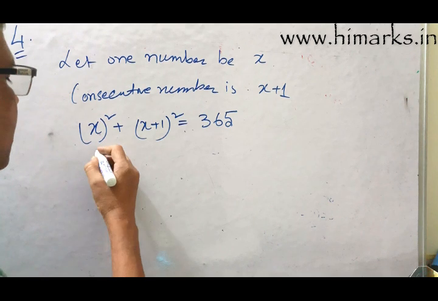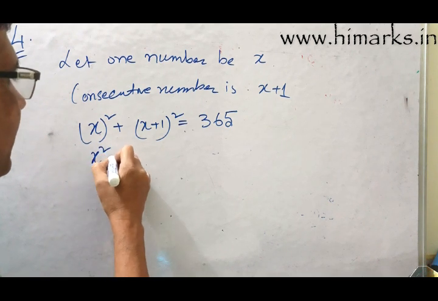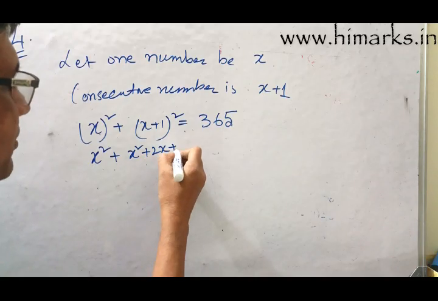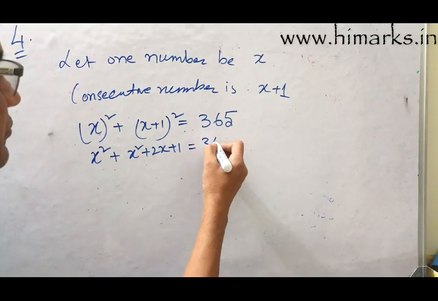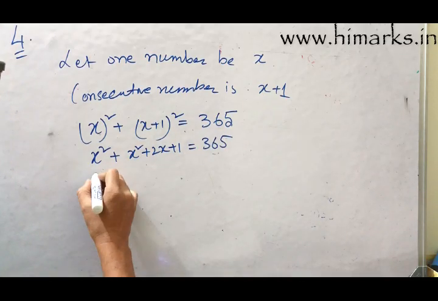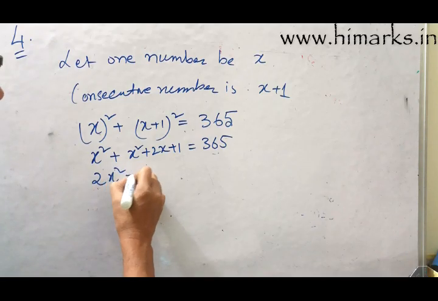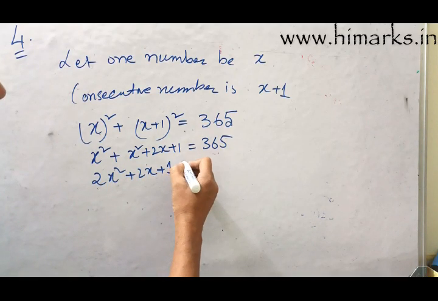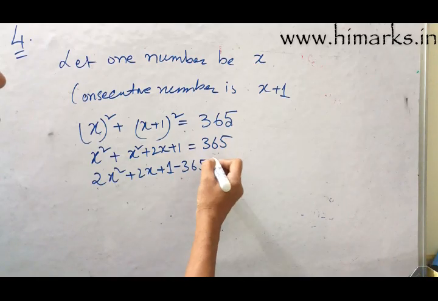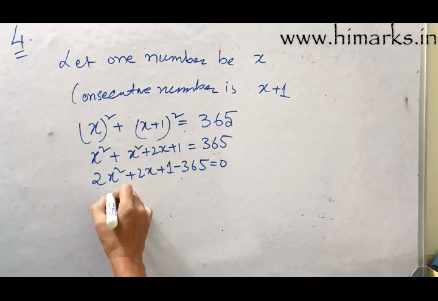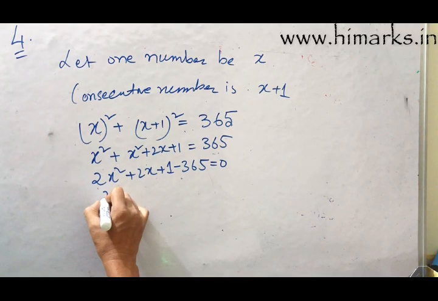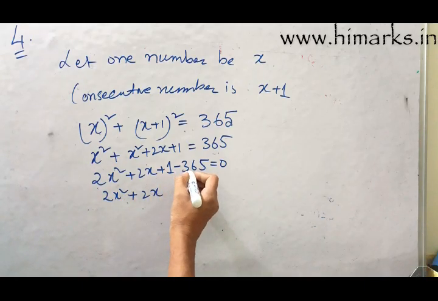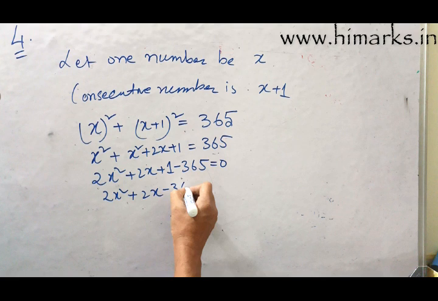So what do we do then? We simplify it. x square plus x plus 1 whole square equals 365, that is x square plus x square plus 2x plus 1 equal to 365. So this gives 2x square plus 2x plus 1, and minus 365 if it comes this side. So this gives 2x square plus 2x minus 364.